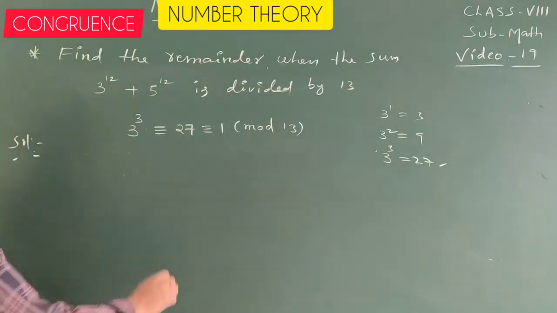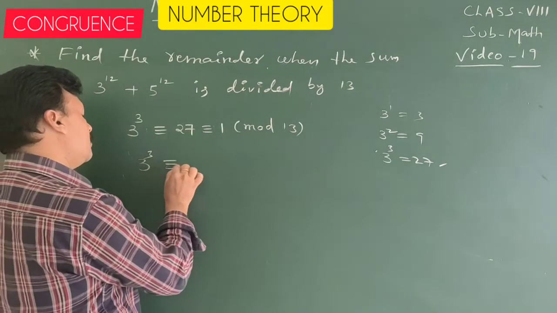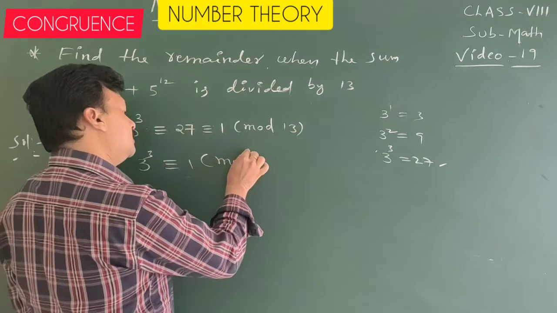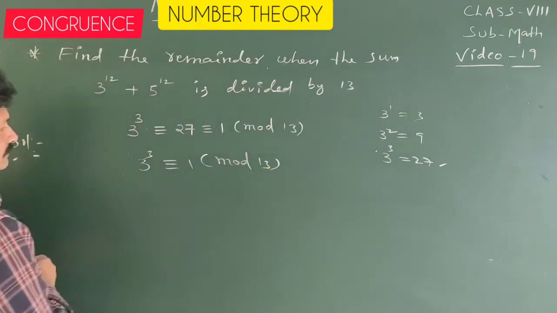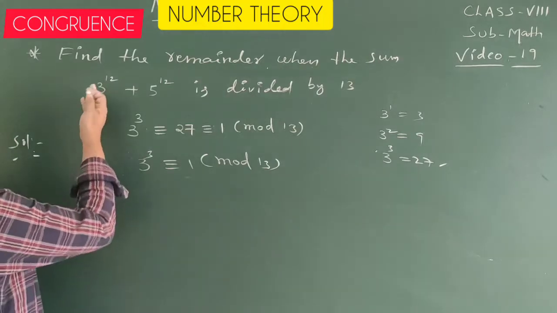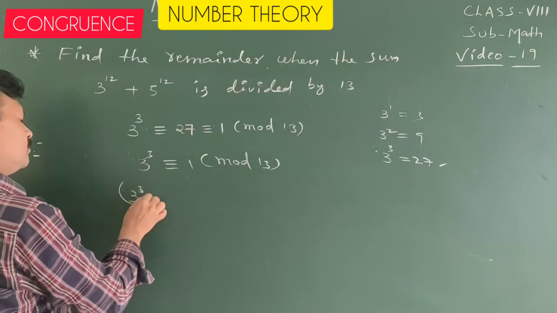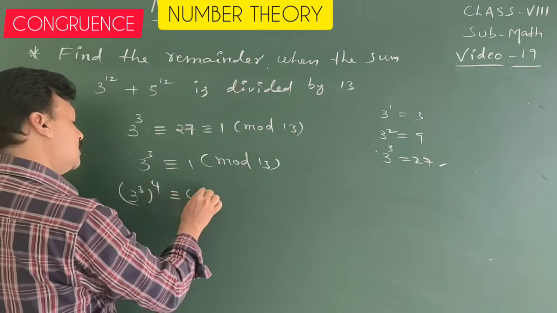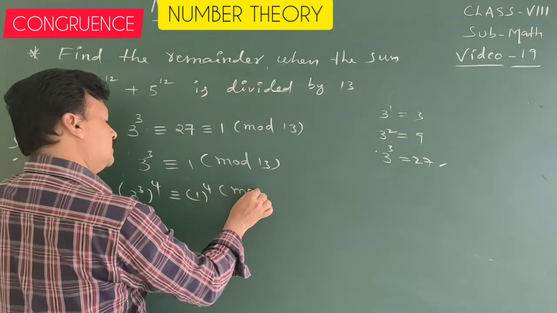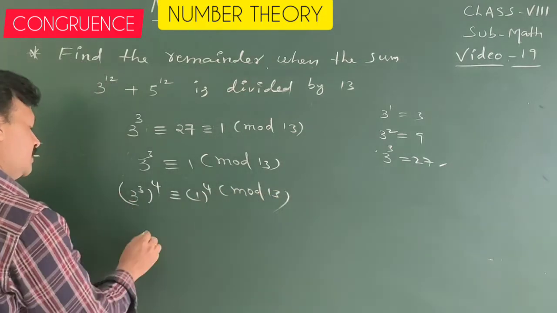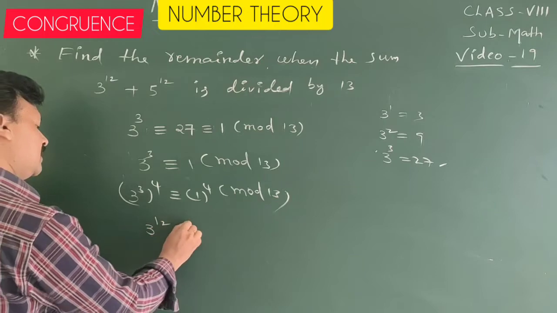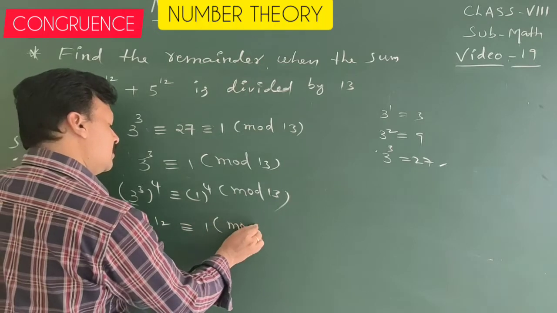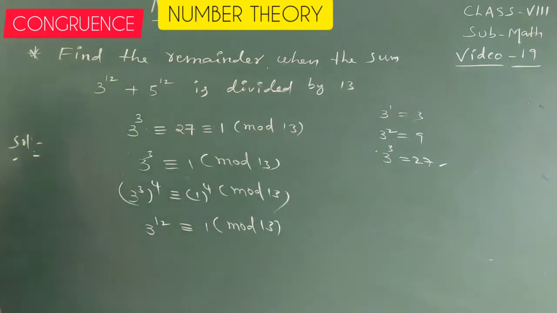That's why 3 cube is congruent to 1 mod 13. We require 12, so 3 cube whole power 4 is congruent to 1 power 4 mod 13. So 3 power 12 is congruent to 1 mod 13.